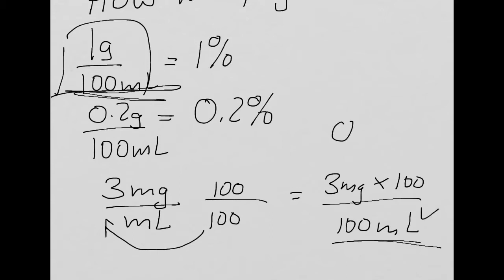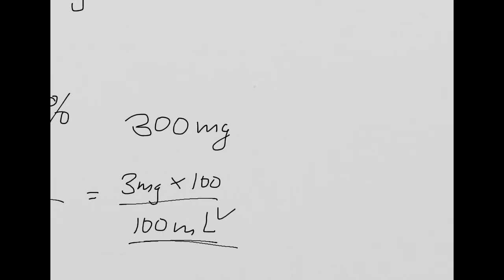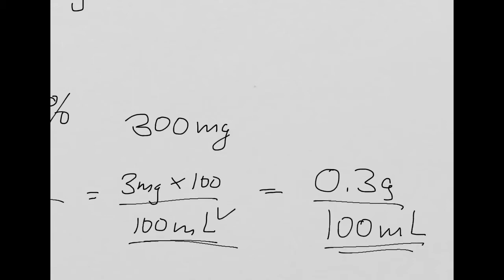That would be 300 milligrams, or I can write this also as 0.3 grams per 100 milliliter. Okay? Does that make a little bit more sense? A little bit of practice, you'll be there.